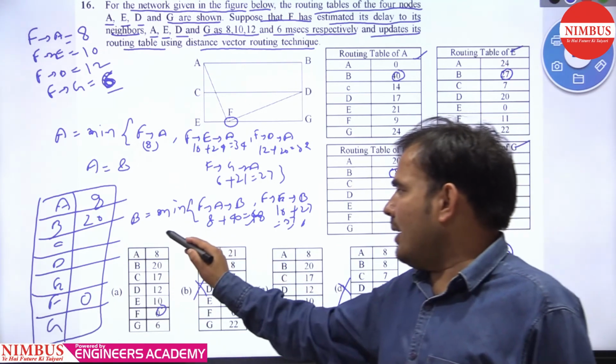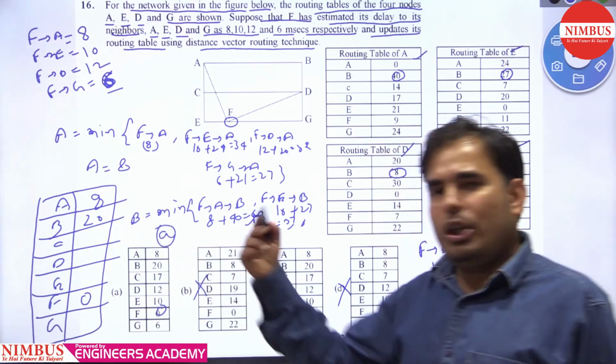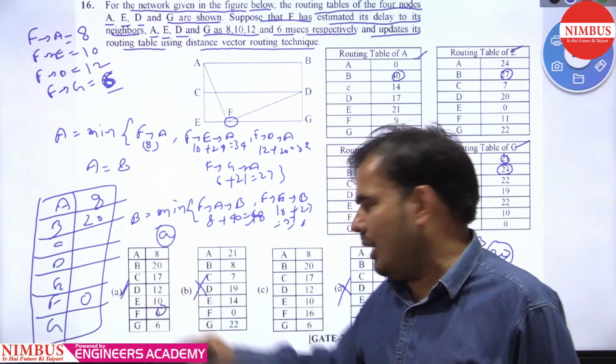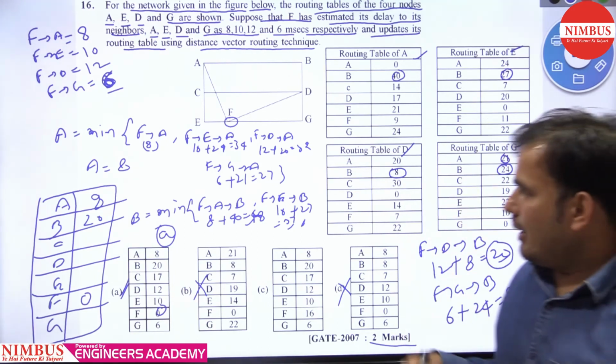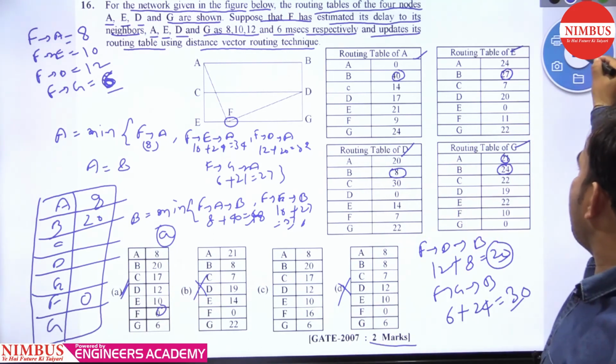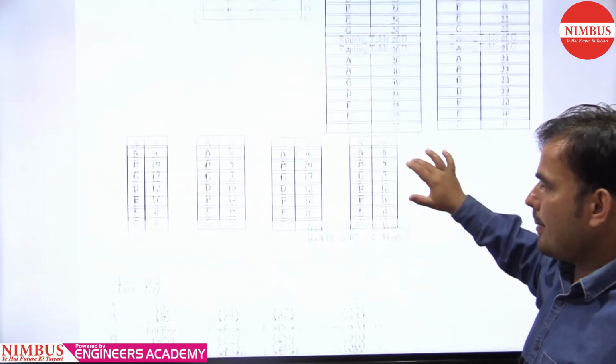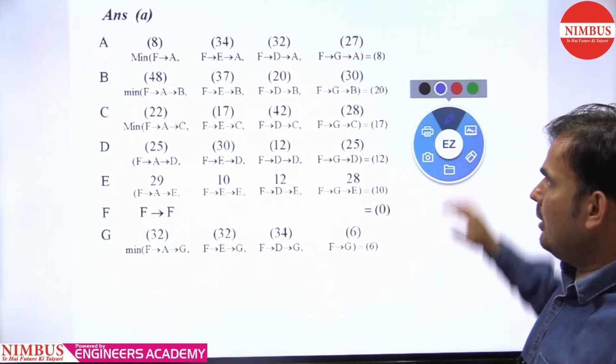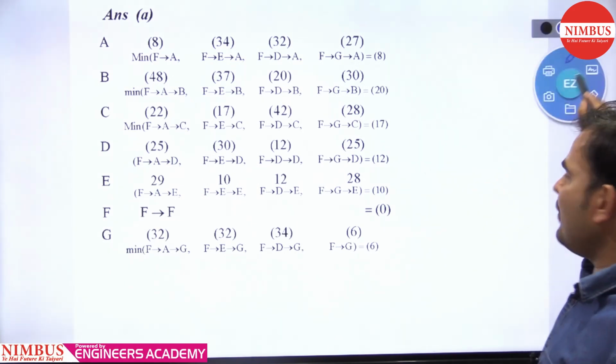If you need to calculate, then you can. Otherwise, directly you can pick which option is correct. Option A is correct. Because the minimum distance F to F is 0, not 16.